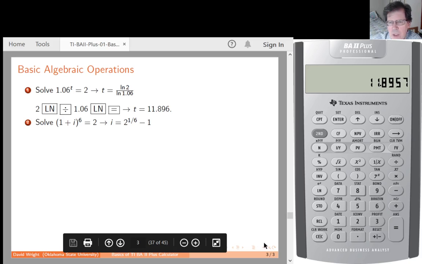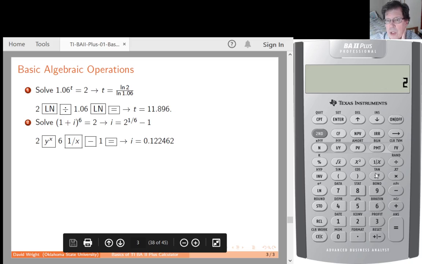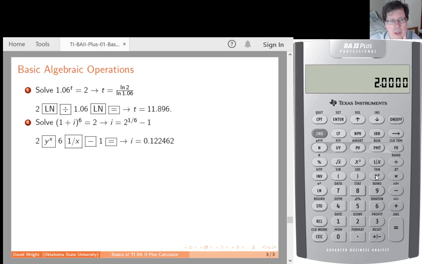And here's how you do it on the calculator. I'll write the buttons out so you can try it. Powers are done by this y to the x button here. So you say 2 y to the x. And now I'm going to type 6, but I really want 1/6, not 6. And there's a button for that.